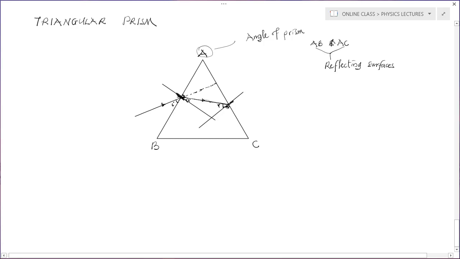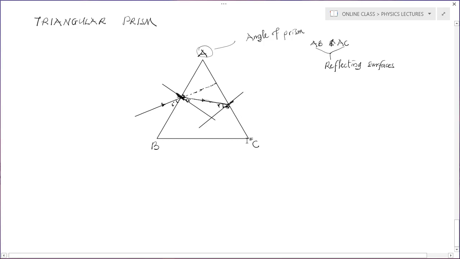So now, as it's becoming another incident ray, what will happen? You will see that this will move out here as another refraction. So what will happen here? The angle here is another angle of incidence.